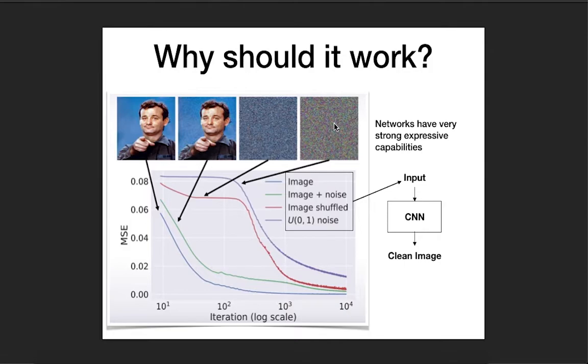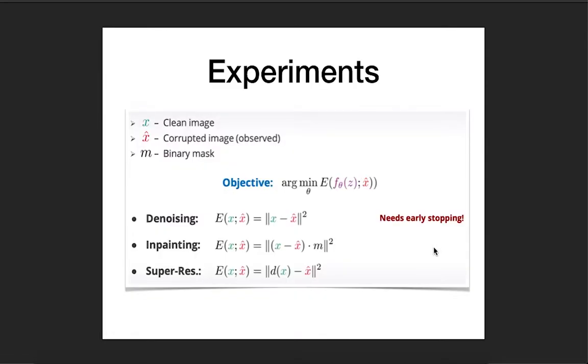So my input, and I can get a clean image from it. Now the surprising part here is when I train with this random image at the input and I try to reconstruct a noisy image at the output, I can reconstruct a noisy version of this.